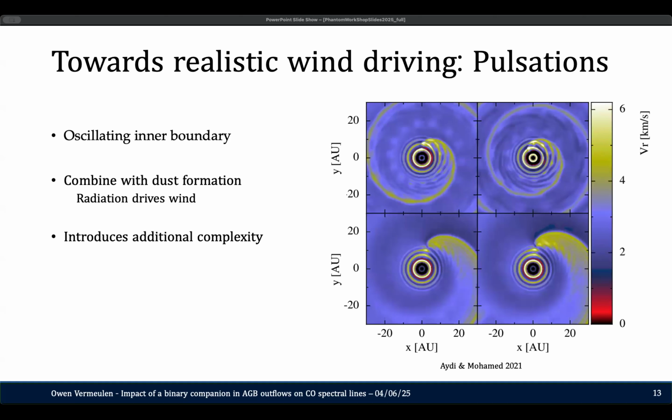These authors also ran a binary star simulation where we see, again, a spiral structure, but now we also see the shocks that have been formed by these pulsations. When this hopefully works, I would also like to go one step further and include non-radial pulsations, because we know that these AGB stars also exhibit non-spherical mass loss rate. And if we include that, we get some complexity basically for free.